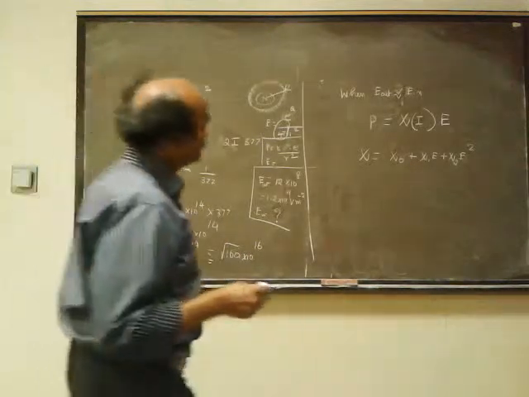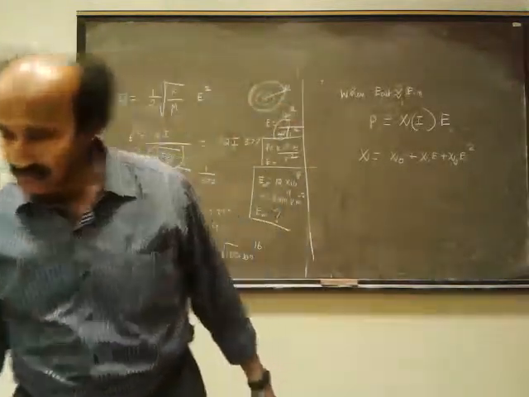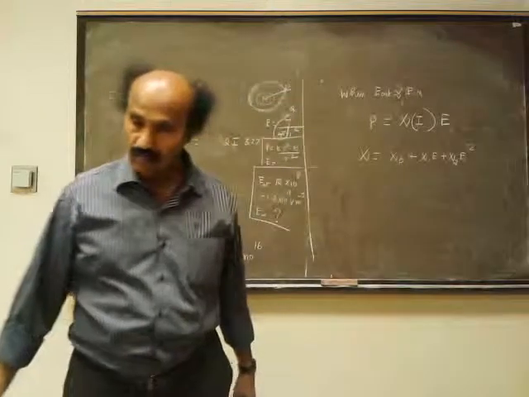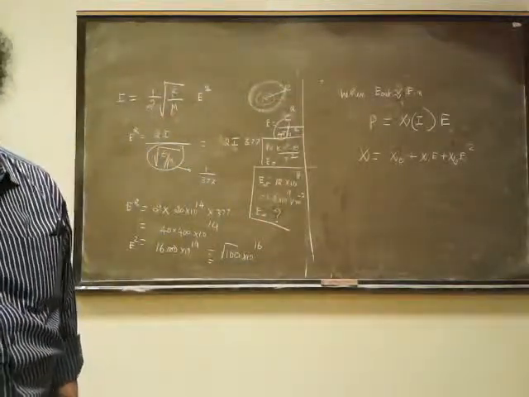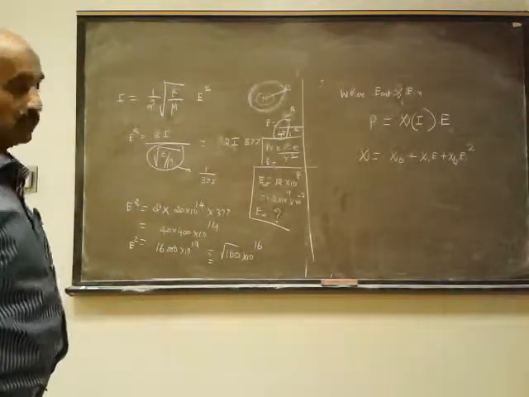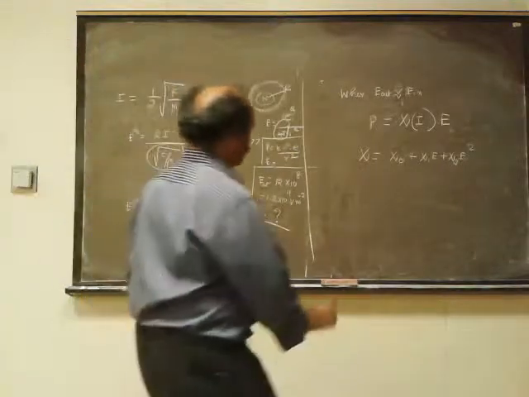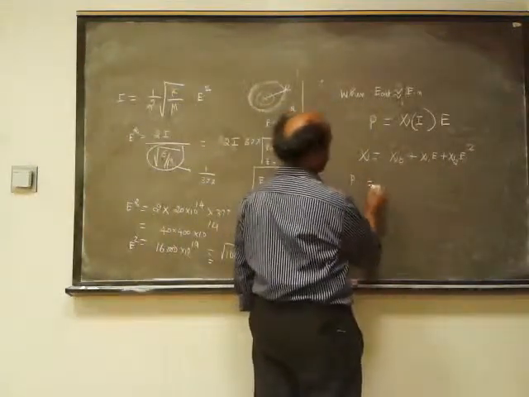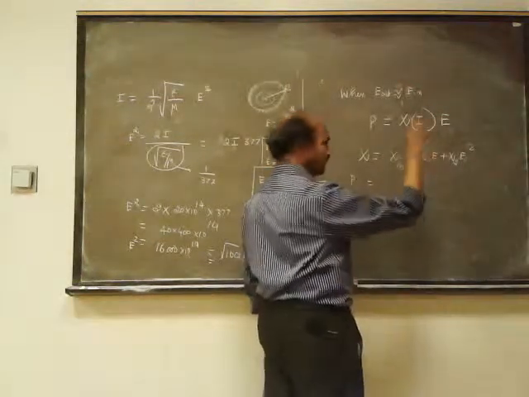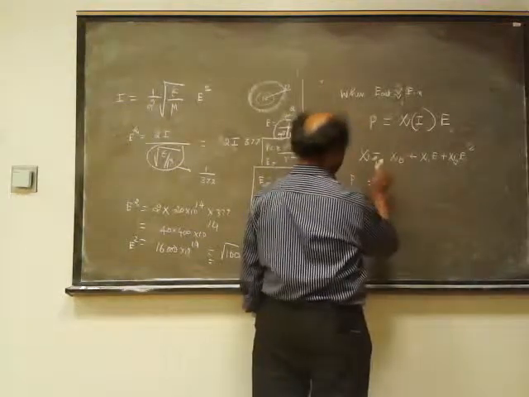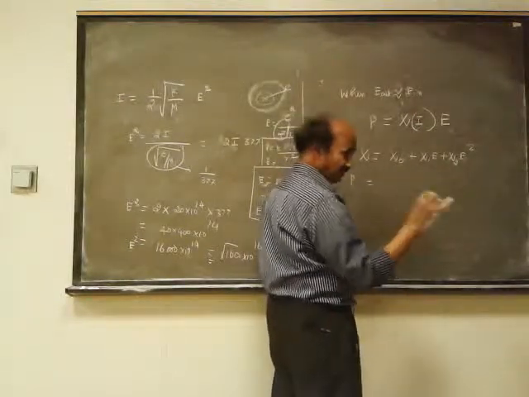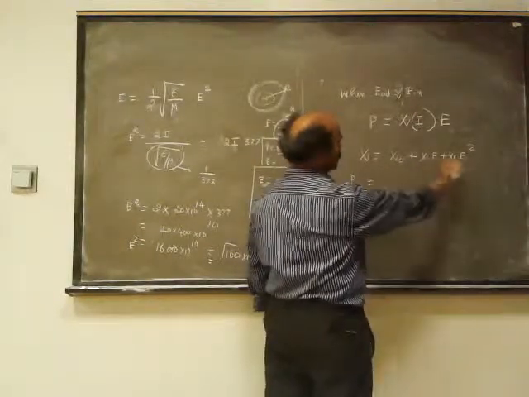I put chi 0, chi 1 E, chi 2 E square. Chi 0 is a constant value independent of E, for the material. This is the one which changes due to electric field. If this is small, you can make it 0.